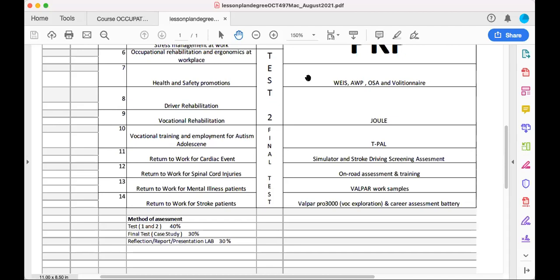You all present at the lab and then write a report, and from that we give marks. Here there are 1, 2, 3, 4, 5, 6, 7, so 7 reports and 7 presentations. The report and reflection are done in groups. When you come to the university, I will assign the groups to you all.